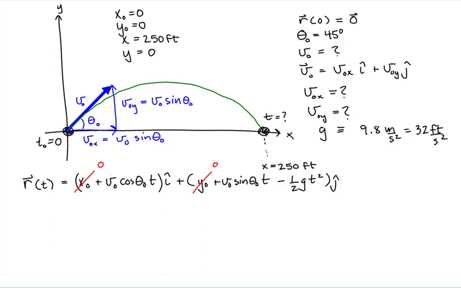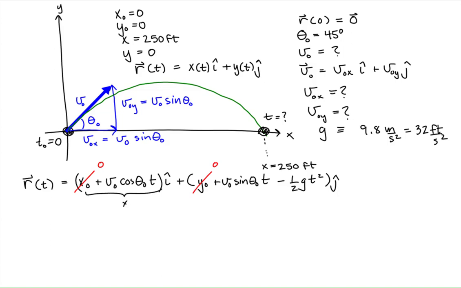Rewriting this, let's remember that our position vector has components that are functions of time, the x component and the y component. So let's express our position vector in terms of the components.